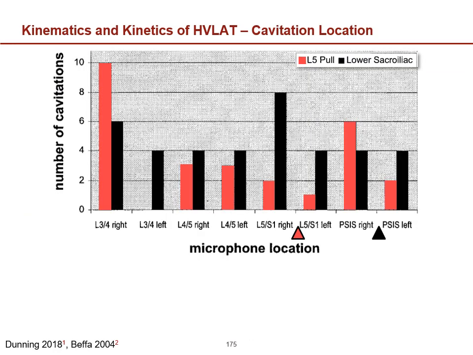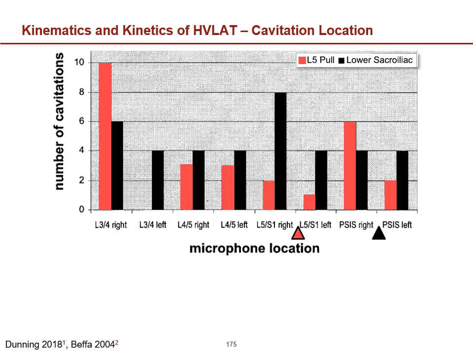Okay, so in this study, they did 2 types of lumbar spine techniques. One was the L5 pull, and the other one was localized to the SIJ, the sacroiliac joint. And the graph here, I'll orient you so you can see the number of cavitations for each of these techniques shown on the y-axis.